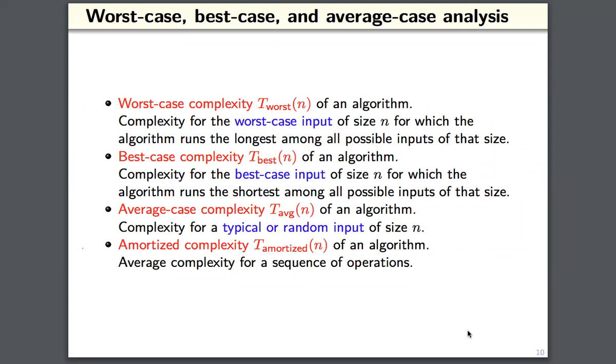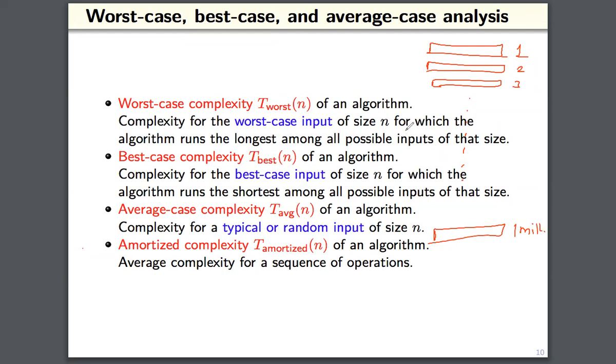So as we discussed earlier, for the same size n, okay, let's say this is scenario 1, 2, 3. Suppose there are 1 million scenarios like this for the same input size n, right? And time taken for this is say T1, T2, T3, and so on, T1 million.